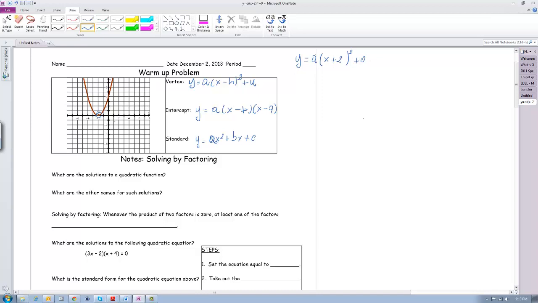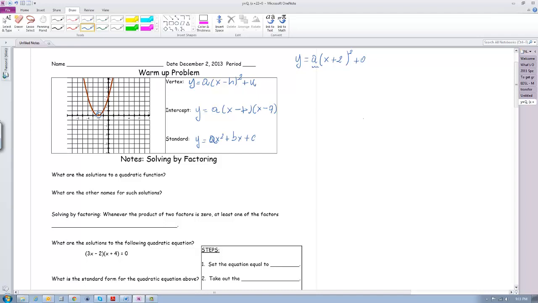The only thing that we are missing to complete this exercise is a, the scale of the parabola. And we can find a fairly quickly by looking at the graph and plugging in a number of values of y and x that satisfy the parabola.